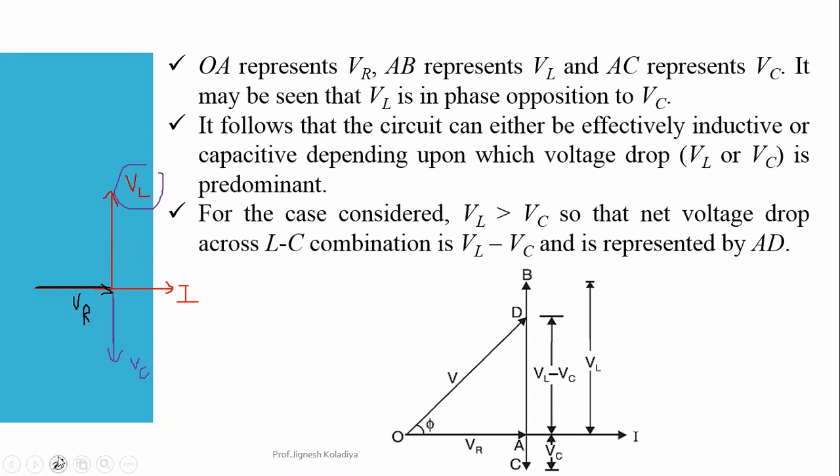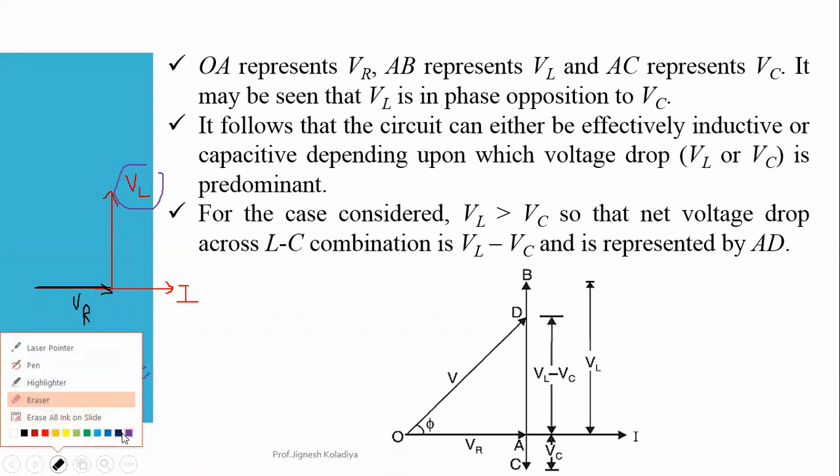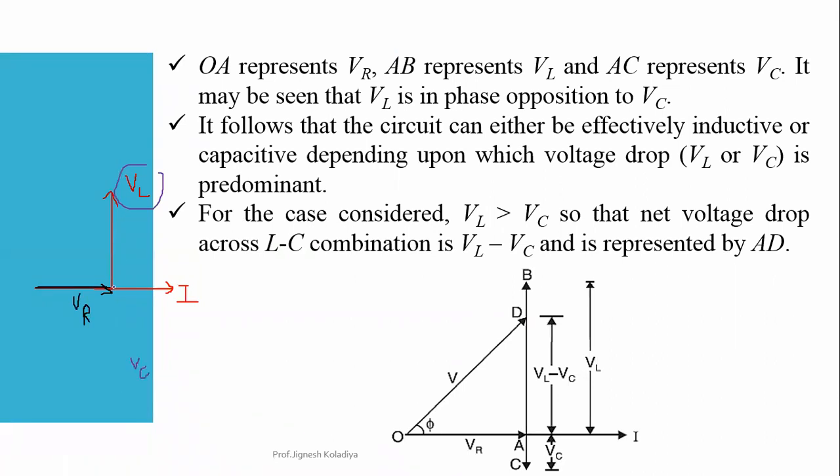Suppose I draw VC small. This is VC. So I have to find the resultant. That means I have to just remove this much portion, which is equal to VC, from VL.